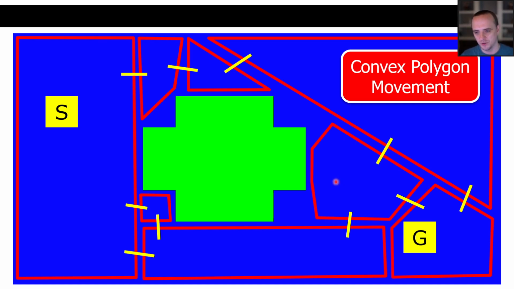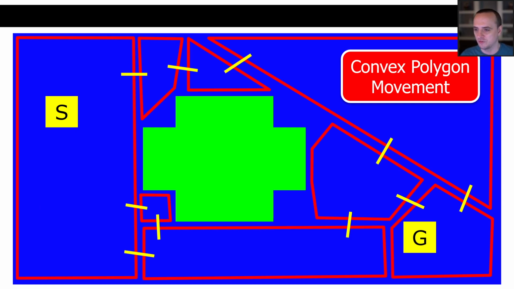The polygonal representation is pretty cool because you know that if your start and your goal are within the same polygon, then you can just move in a straight line from one point in the polygon to the other, right? But if they're not in the same polygon, then you might have to create a path between the polygons.